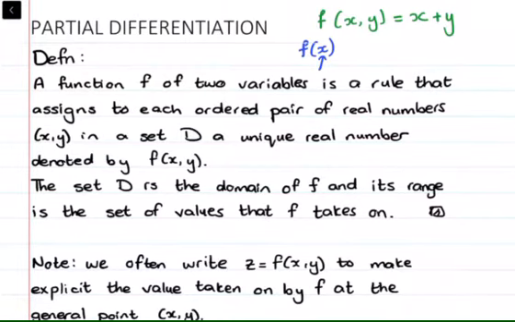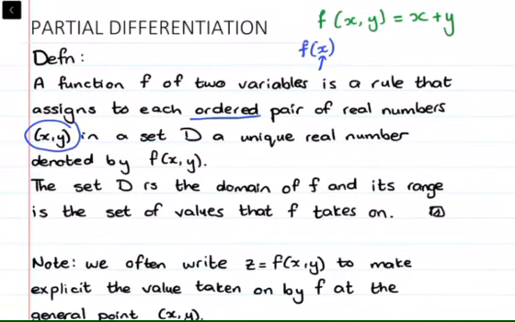Here, instead of having just the x value, we have the x, y value. We call that an ordered pair. By ordered pair, it means that we start with x, then y. We do not have y, then x. It is emphasized by the ordered pair of x, then y. You will see just now when I do an example.